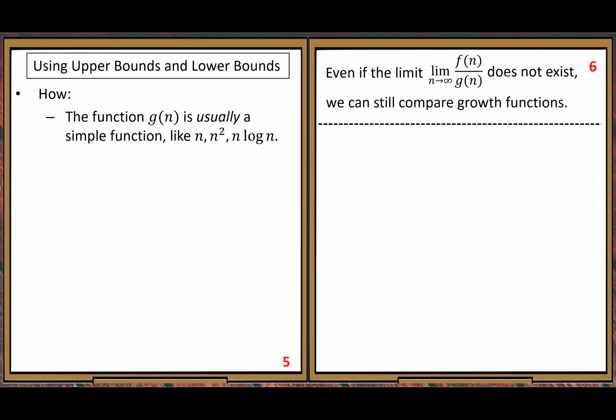Typical situation. But here I use "usually." Usually means most of the time, but not 100%, right? Sometimes we do not have to take g of n as a simple function. It could be a complex function. It's okay sometimes, but it's rare.